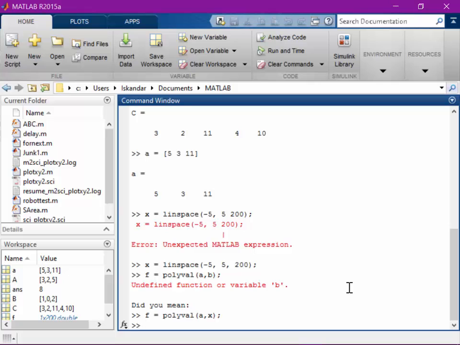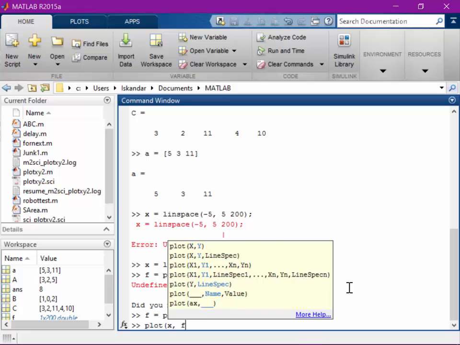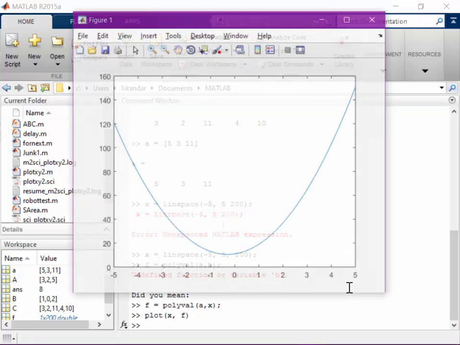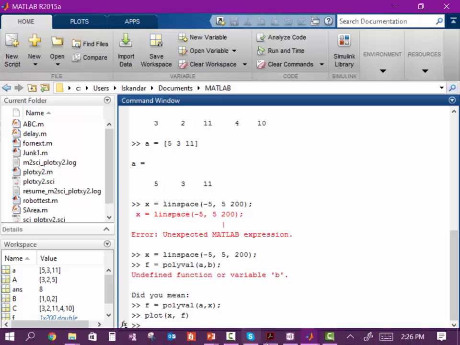And now we can just do plot, and we're going to do x and f. And there's our polynomial, our plot between -5 and 5. So we can give it any polynomial.